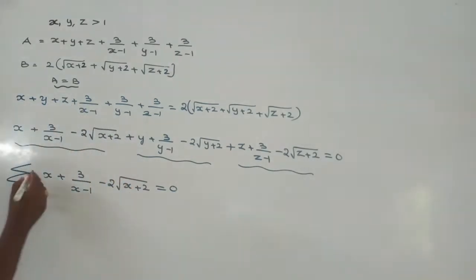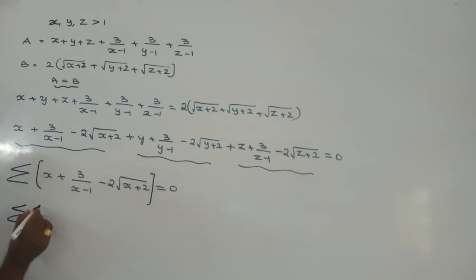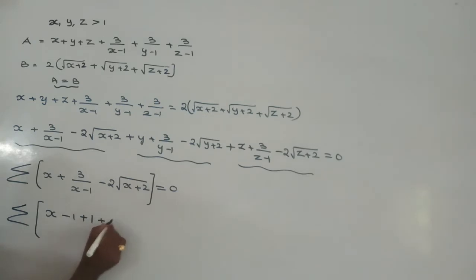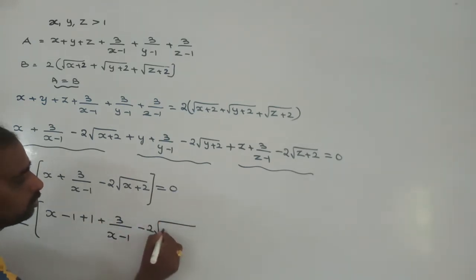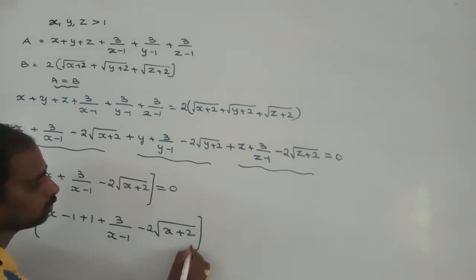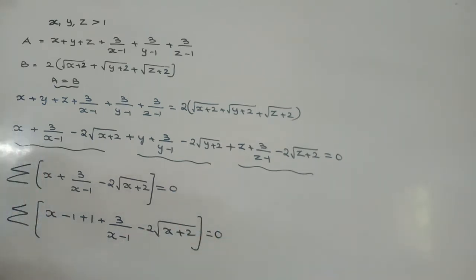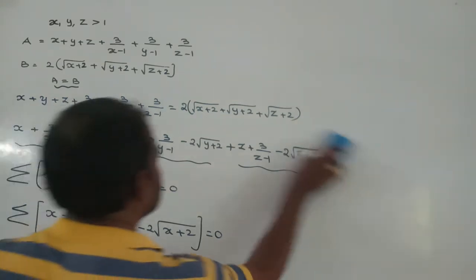Now do one thing here: x, do minus 1 plus 1, and the remaining will be as it is, 3 by x minus 1 minus 2 into root x plus 2 is equal to 0. If you do minus 1 plus 1, the value will not be changing.